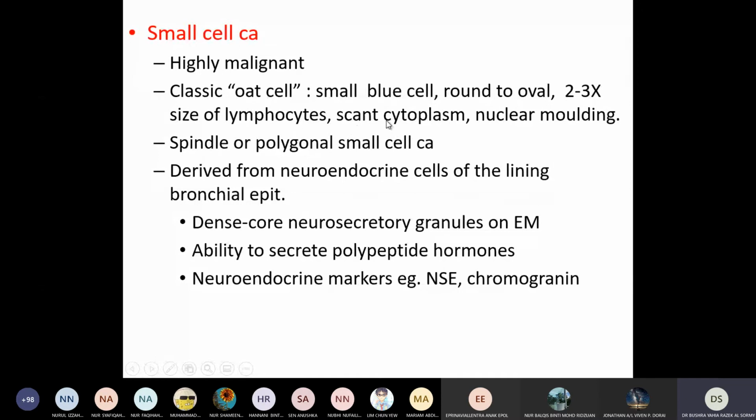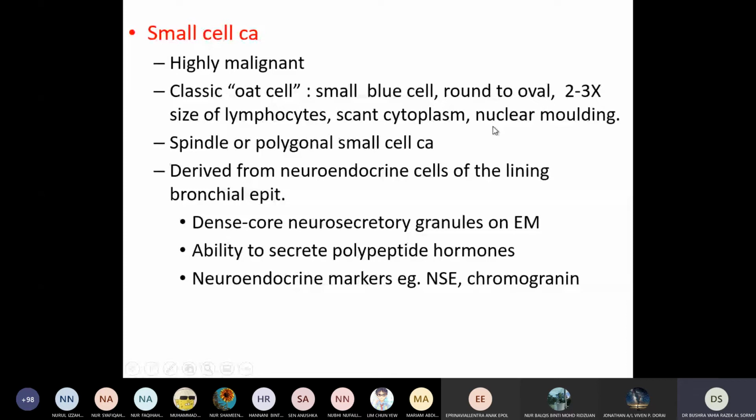Okay, why we show that? Because it has scanty cytoplasm and round nuclei, and why we call blue round cell, because the cytoplasm is very scanty. So most of the cell is occupied by the nuclei.